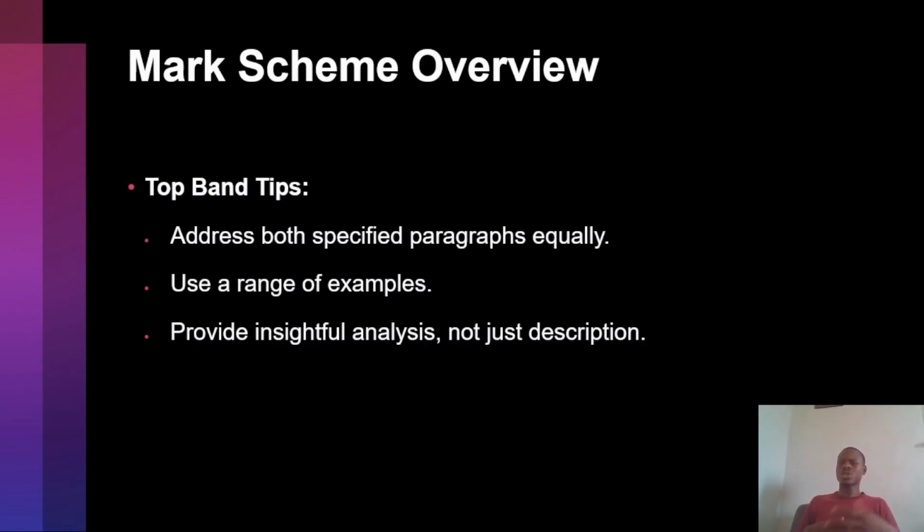Now, what do you need to achieve top band? The first is to address both specified paragraphs equally. Don't spend more time on one over the other. Let me just quickly show you the question itself.